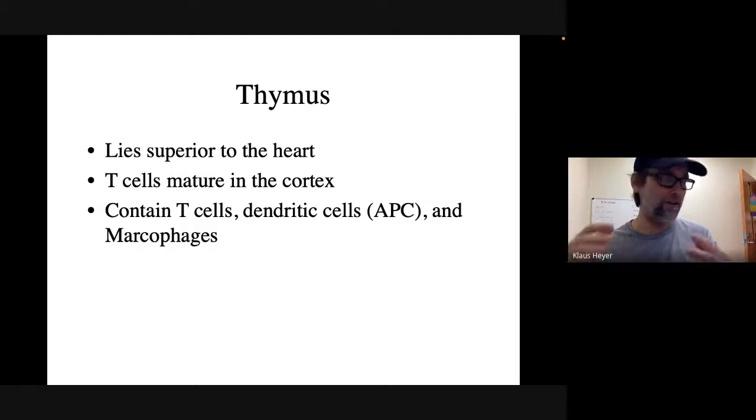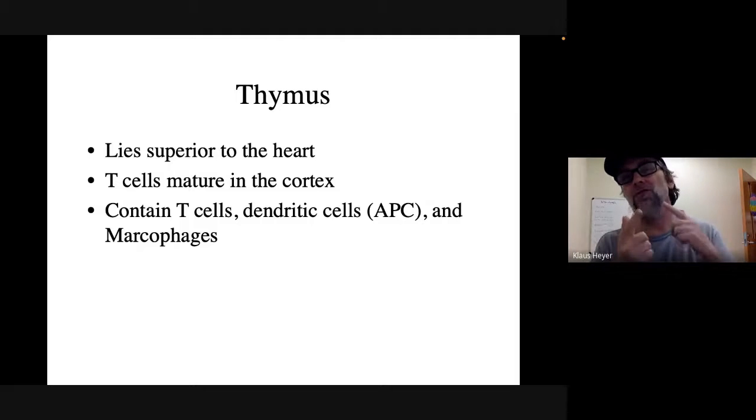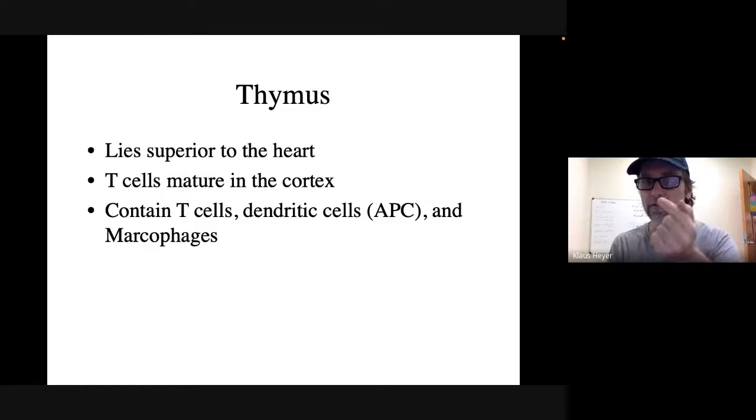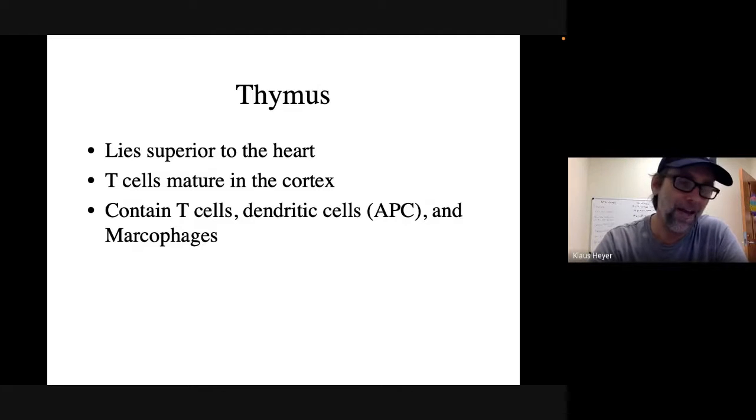So if a bacteria infects you, T cells either will go and stab them, or they will do their Jedi mind trick and talk them into killing themselves. So again, we'll get to that. So T cells, antigen presenting cells, and then macrophages, which are cells that eat. They're in the thymus. I'm not going to ask you about the thymus on the quiz.